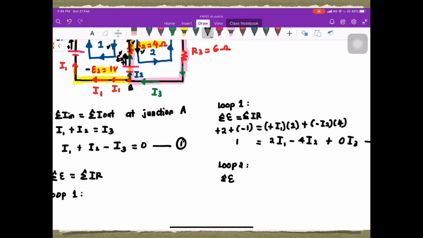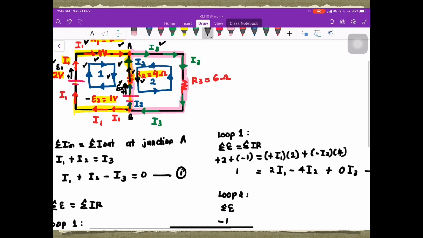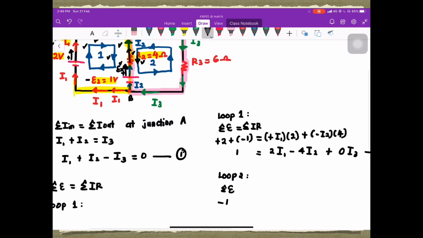So negative, and the value is negative 1 volt. Because there is only E2, the EMF is negative 1 volt, equal to the sum of IR.